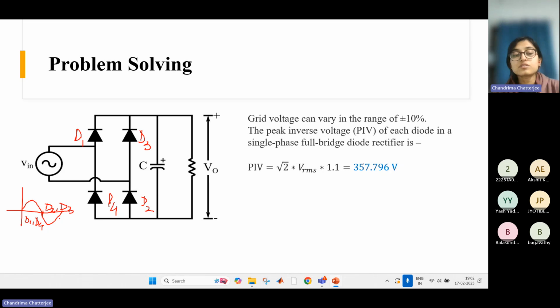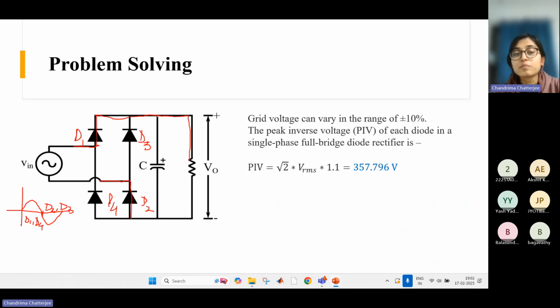Okay. So this is my source voltage V. Now suppose we are in the positive half cycle, and the conducting diodes are carrying current. This is the path from here through the load, and then again through the other conducting diode and here.